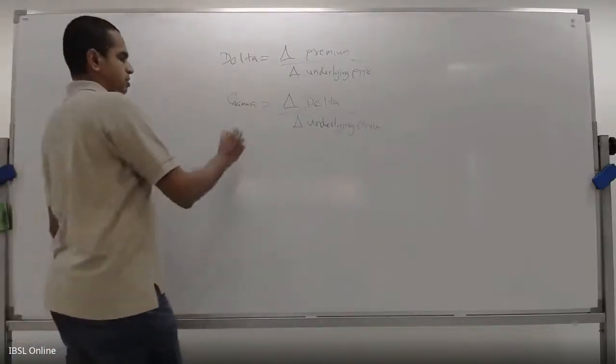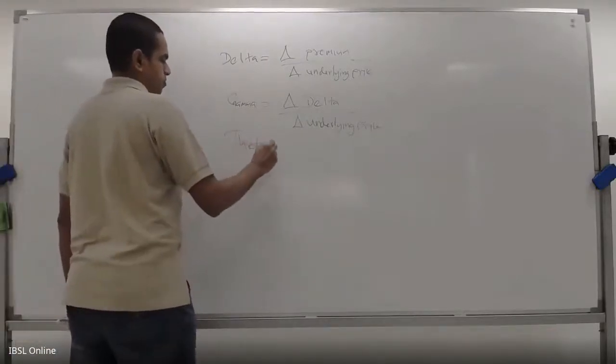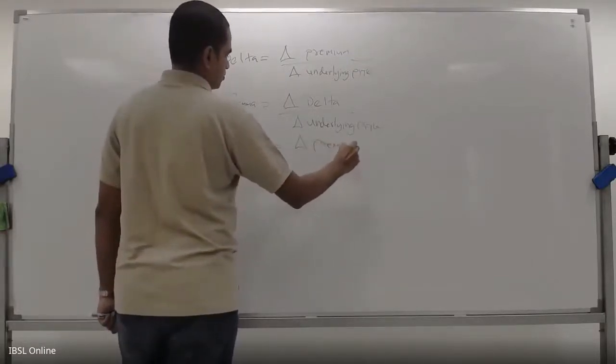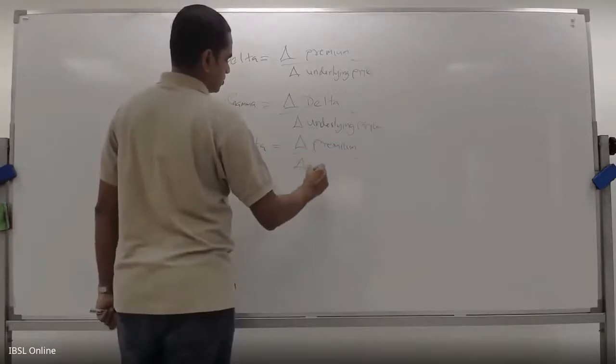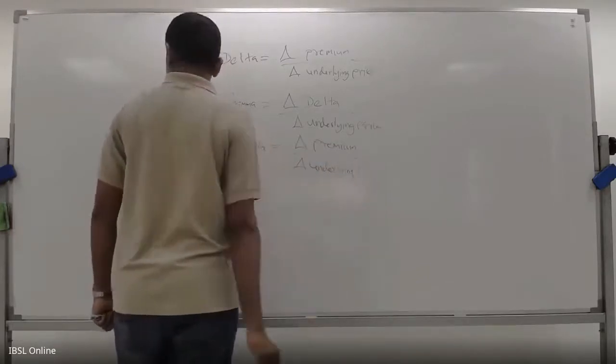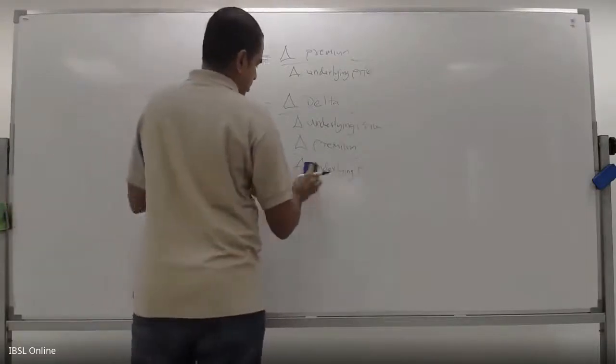Next one is theta, which is the change in premium divided by the change in time.